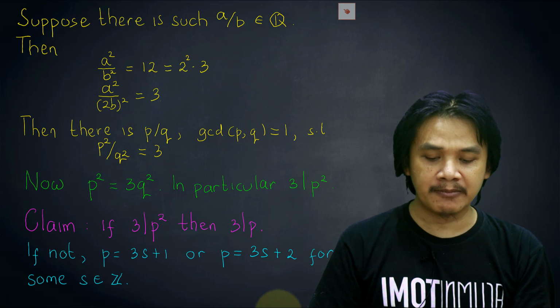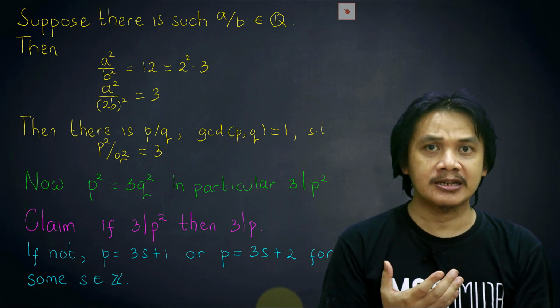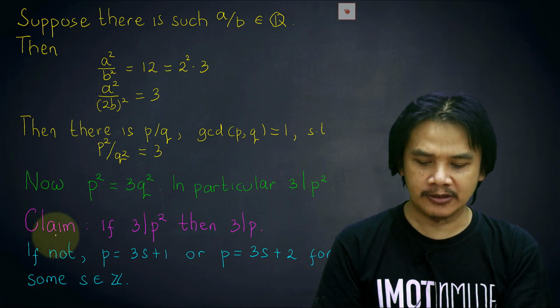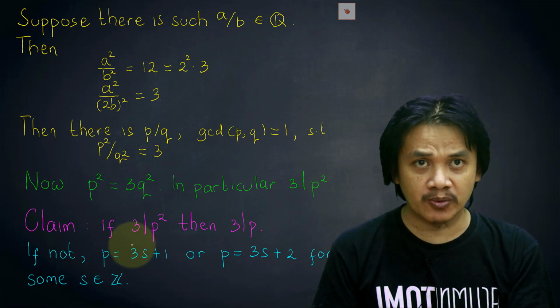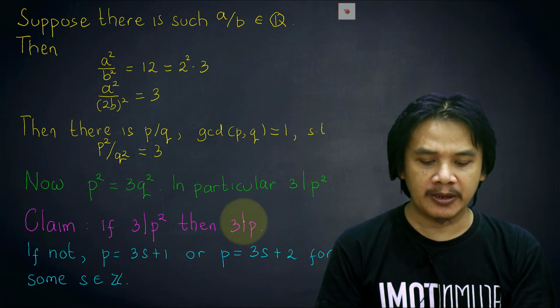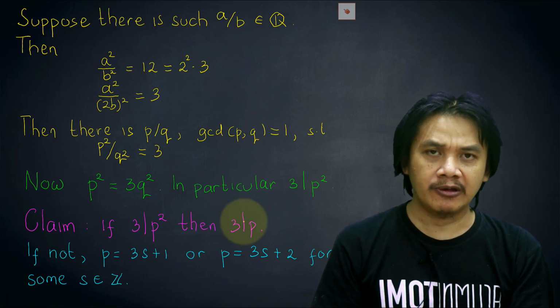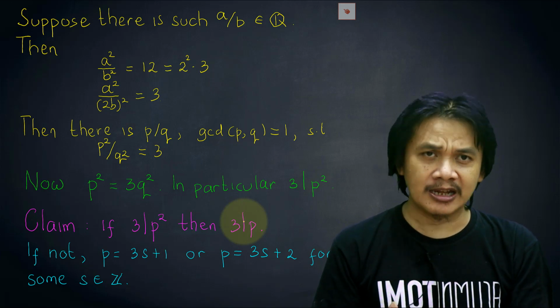And then we claim that if we have a square that is divisible by 3, then the number itself is divisible by 3. So the claim is: if 3 divides p squared, then 3 must divide p as well. What can go wrong if 3 does not divide p?